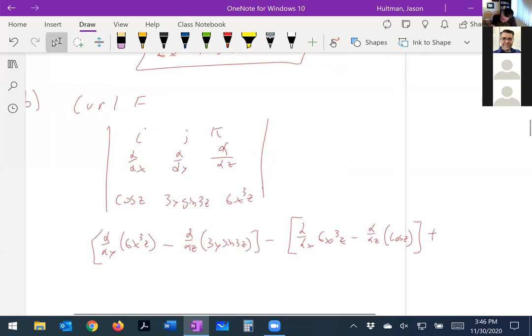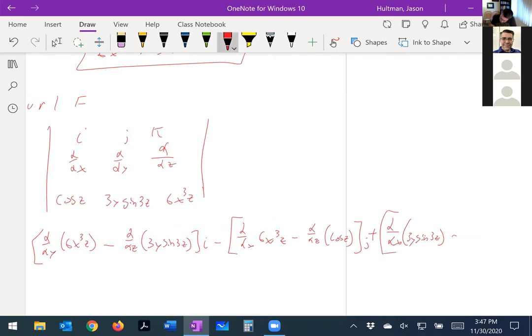plus, this is an i, j, and then a k. This is going to be d/dx of 3y sin 3z minus d/dy of cos z.